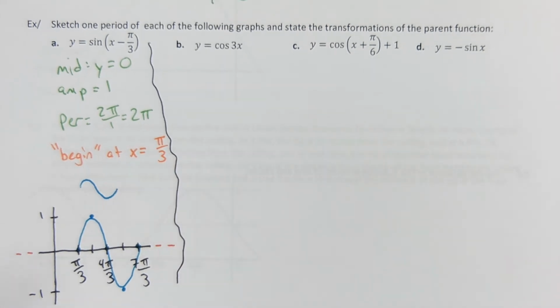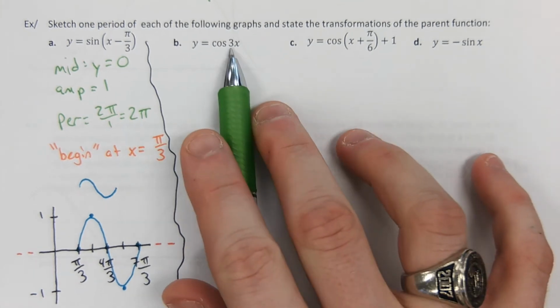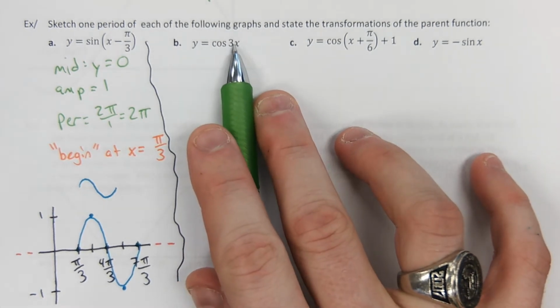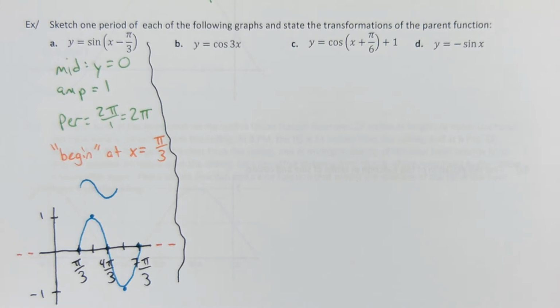Part B, there's only one transformation. That means this is going to be a cosine wave exactly the way we expect it to be. Its midline is at y equals 0, its amplitude is 1. It's going to begin at x equals 0 because that's what makes the quote-unquote inside equal 0, because 3 times 0 is 0. The only thing that's different for this one is we do have a horizontal stretch or shrink because there's a multiplier in front of my x. The period length is supposed to be 2 pi over b.